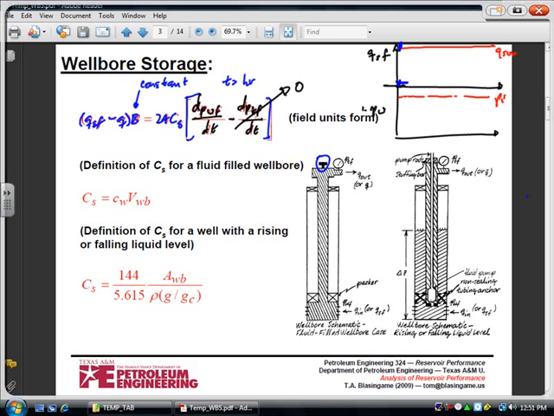It starts here. The rate influx here is approximately 0 at t equals 0, right? Okay, so then it comes up and it makes a lazy S shape. That's wellbore storage, boys and girls.